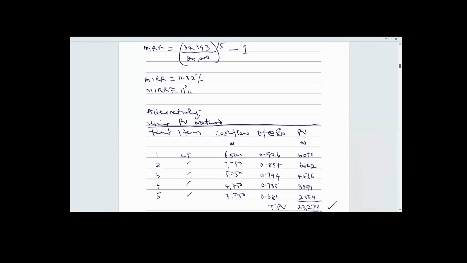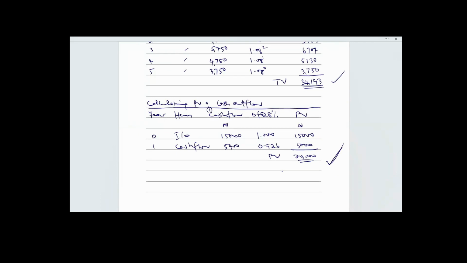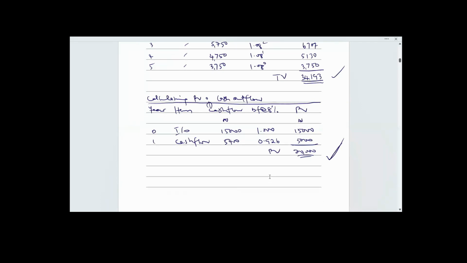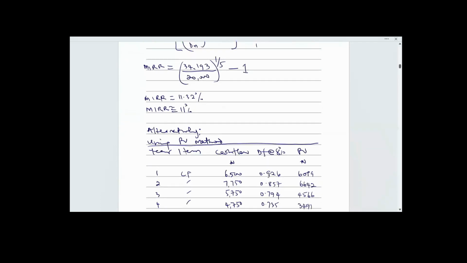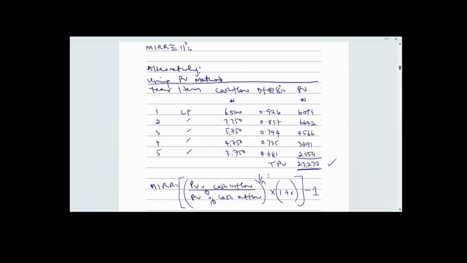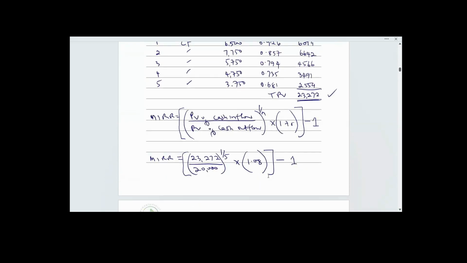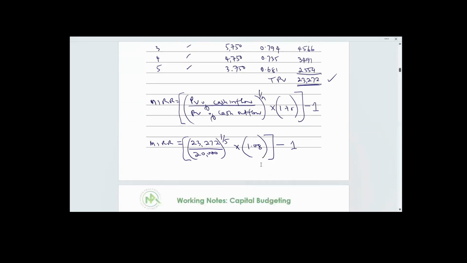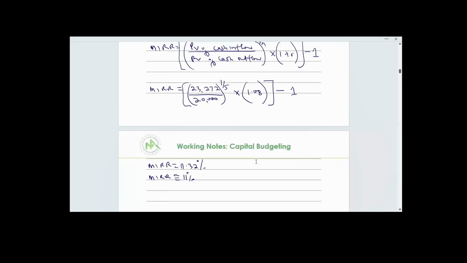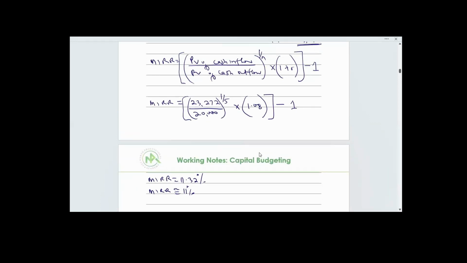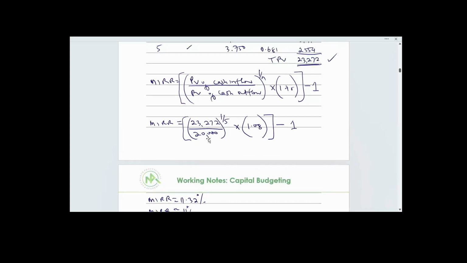We've calculated it before, that's why we did not calculate it again. That's why we got 20,000 naira. Then step 3, calculate modified internal rate of return using the extended formula, which I usually call big for nothing formula. And at the same time, we got the same answer, which is 11.32. So this is how to calculate modified internal rate of return.